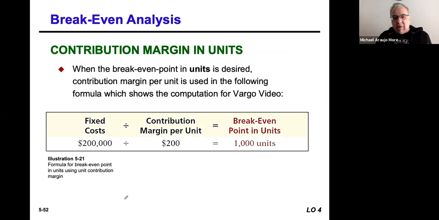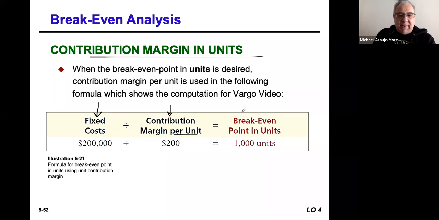So what we got here is a contribution margin, looking at it in terms of units, break-even in terms of units. In this case, we take the total fixed costs that we have, divide that by the contribution margin per unit, which we'll know. That'll give us a calculation of how many units we have to produce to break even. So this is another very important illustration that you'll need to know.